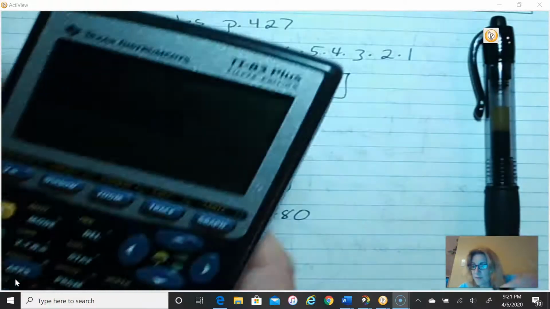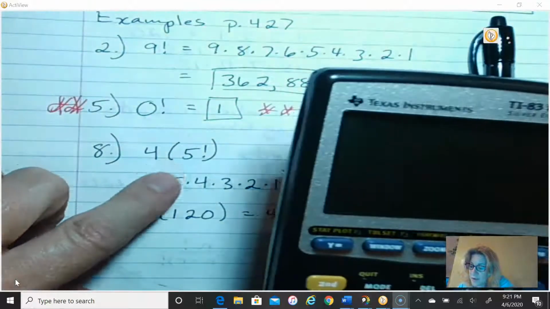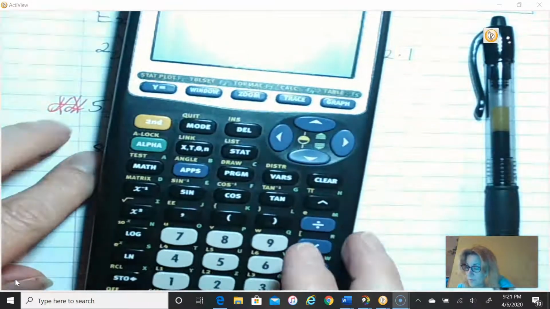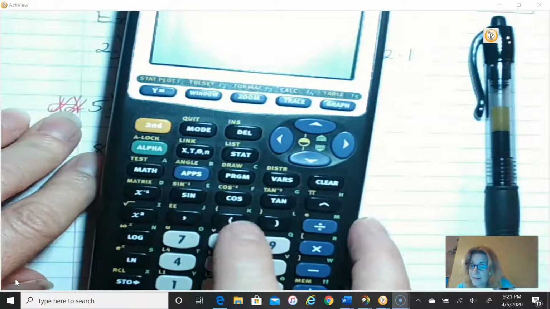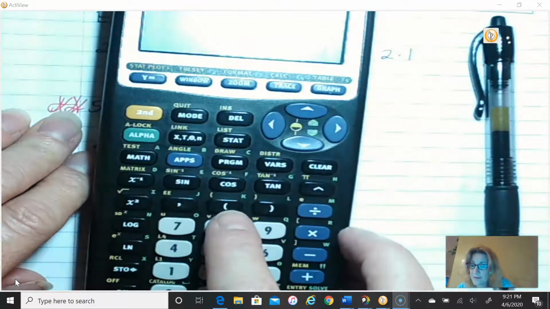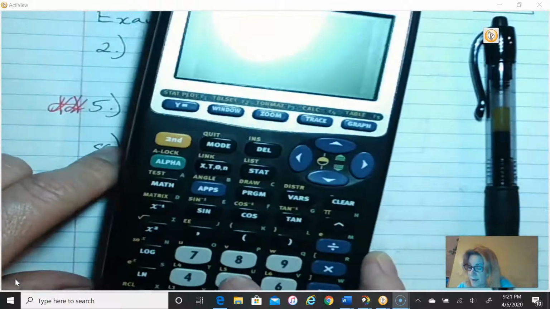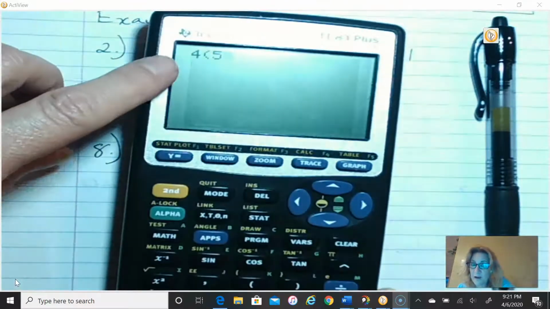I've never done this one on the calculator. Let's see. You usually have to work in order, so I'm going to do 4, parentheses, and then it's 5 factorial. Let's try it. I don't know if it's going to work, so I put in a 5.